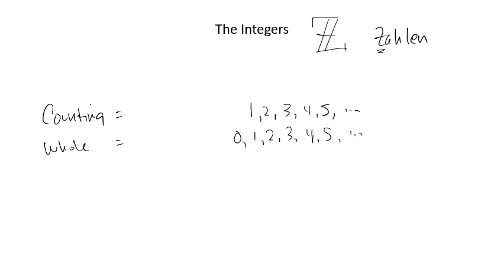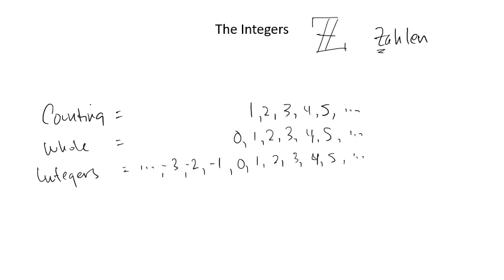And so now we have our integers, and now my integers are going to include all of these, but also -1, -2, -3, so on and so on.